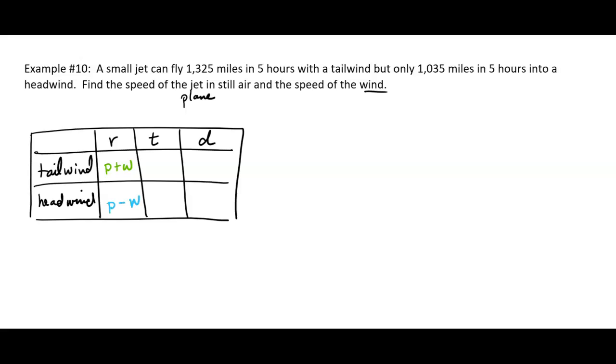Now it says the jet can fly 1,325 miles, so that's the distance, and the time was 5 hours. From there we can write an equation: P plus W times 5 equals 1,325.